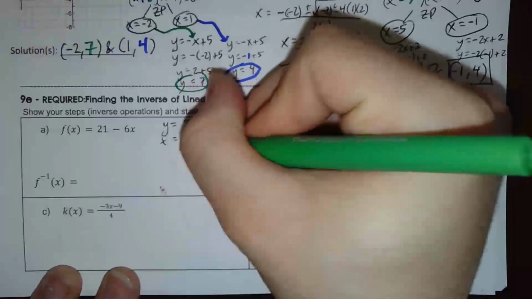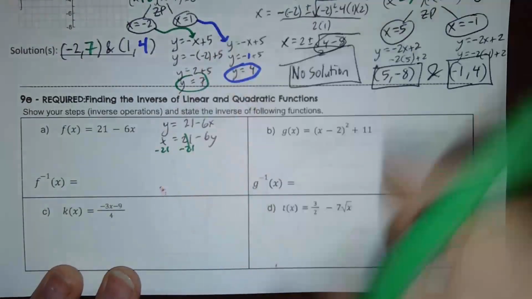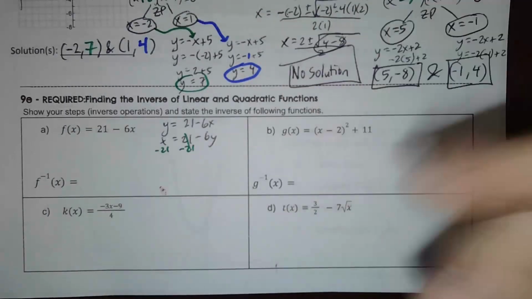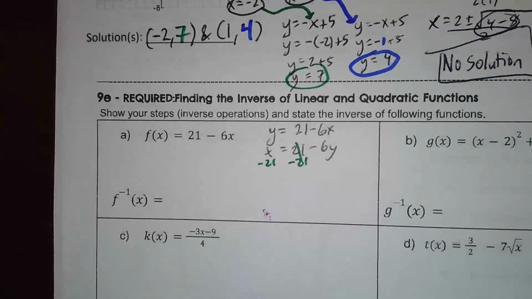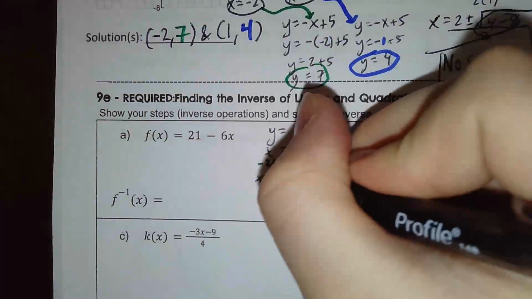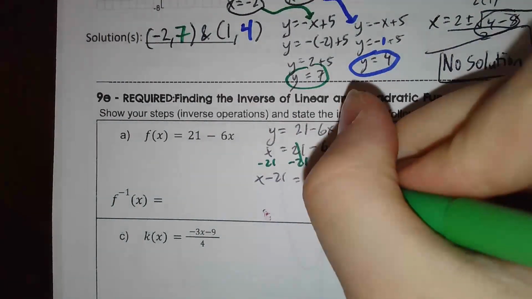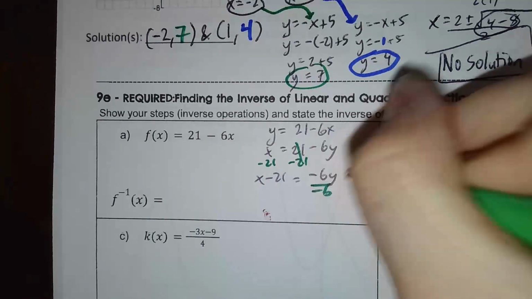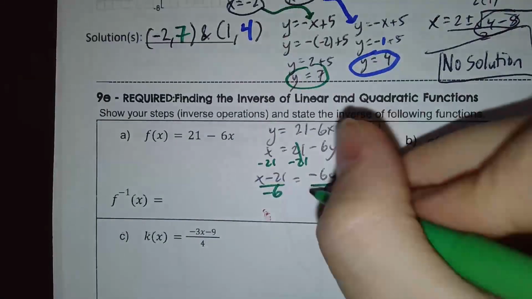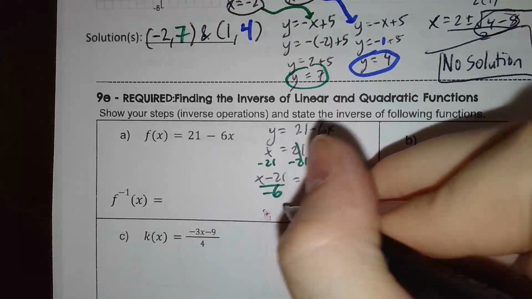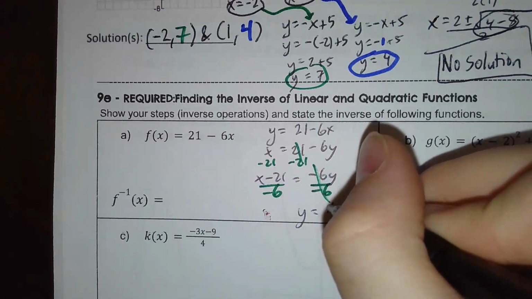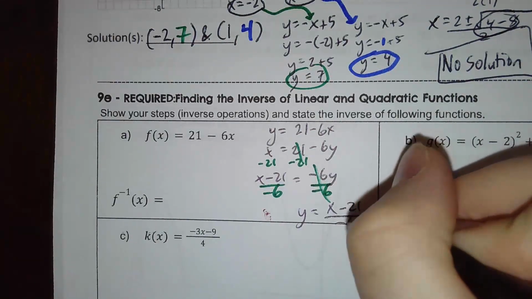So I'm going to subtract 21. That leaves me with x minus 21 equals -6y. Now my next step to get y by itself is to divide by -6. So after I divide by -6, I'll get my answer of y equals x minus 21 over -6.